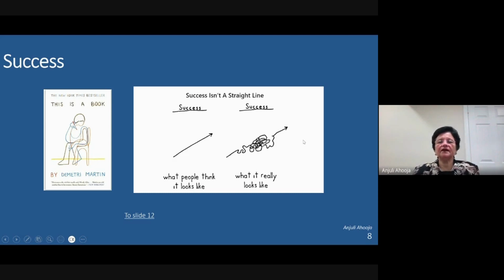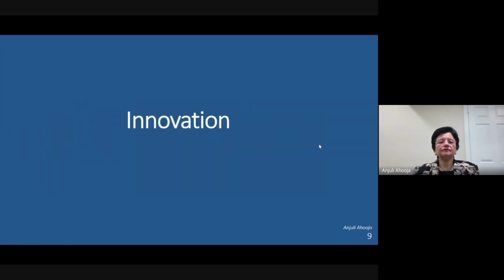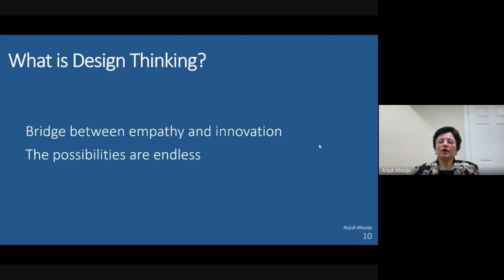However, if we keep learning from our mistakes, it may take a long time, but one could succeed in doing that. And when all of these come together, that is when it leads to innovation. So what is design thinking? We talked about empathy, and at the end, I said innovation. It is a bridge between the two. So somebody feels empathy to do something for the world, or to improve something, or to change something, or to create something.